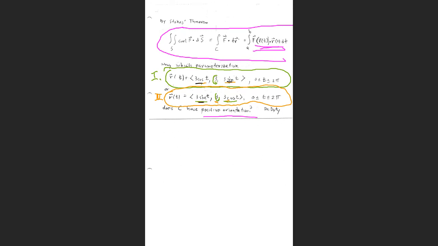Let's draw two space curves, one for parameterization 1 and one for parameterization 2. That's what I do on the next page here. I'm not worried about y equals 3, I'm just worried about the x and z components.